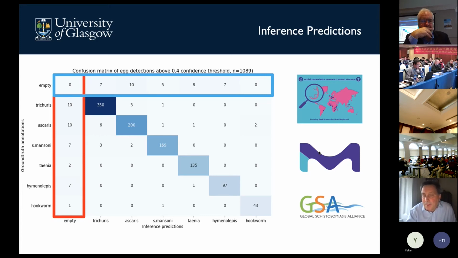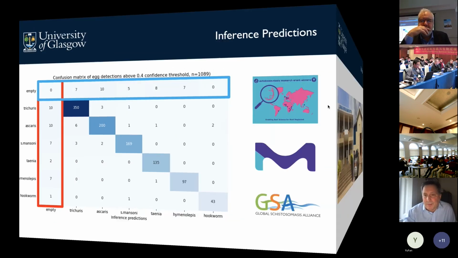And Merck are part of the Global Schistosoma Alliance, which is an organization set up to help eliminate the disease. And the WHO has a target for elimination of the disease within the next decade. And we've been lucky enough actually to win a very nice global prize with Merck around being able to further develop this instrument for use within communities.